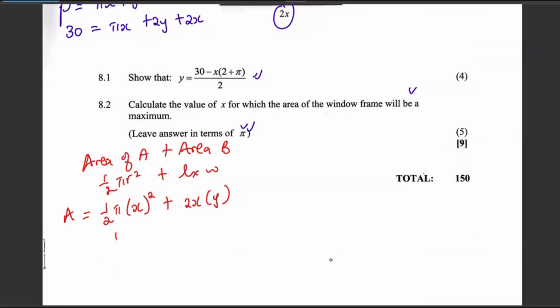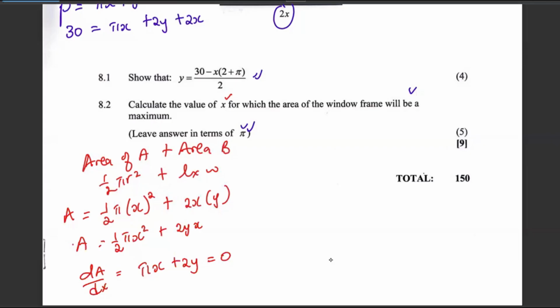We can just say half pi x squared plus 2y x. Okay, so to get the maximum, you must find the derivative, dA by dx, which is going to be pi x plus 2y. It should give us a 0.